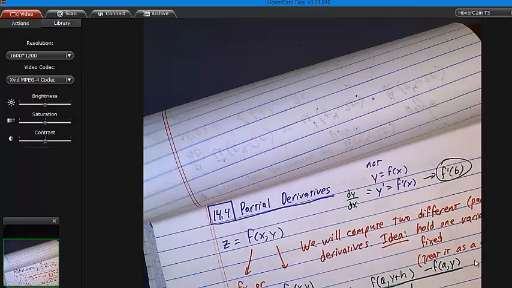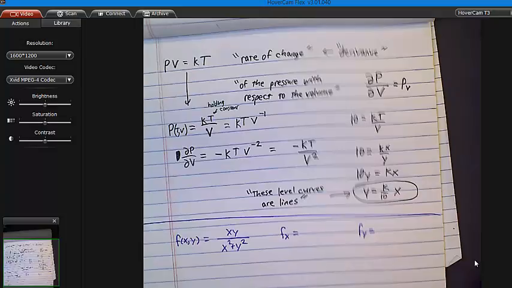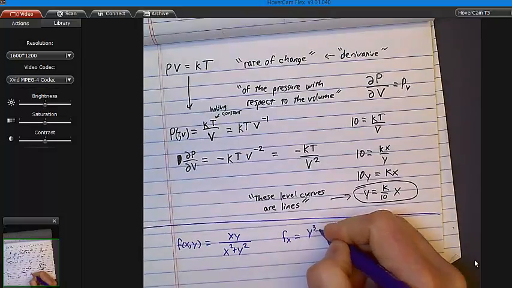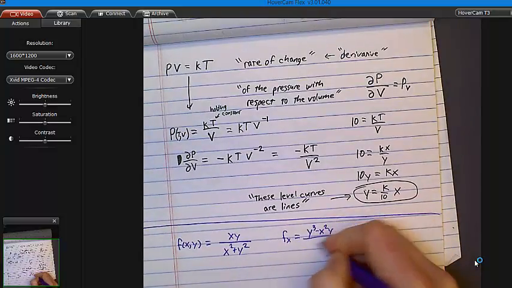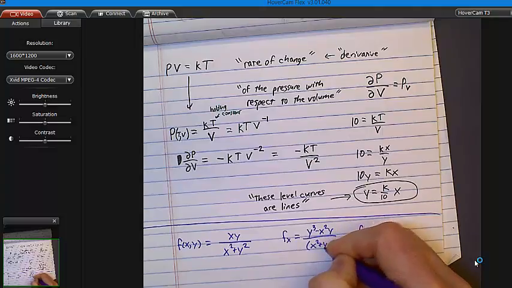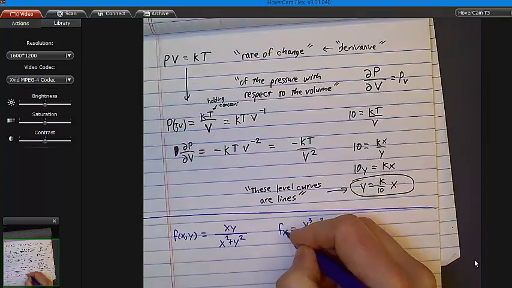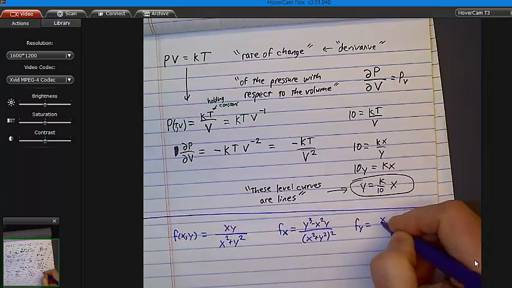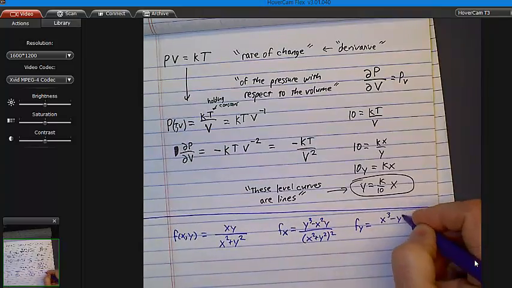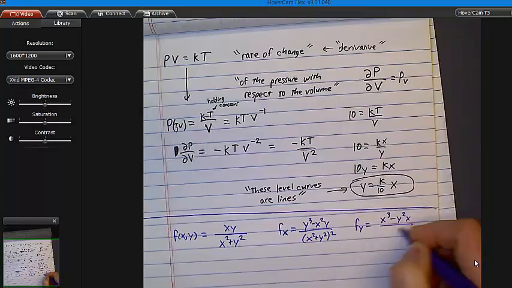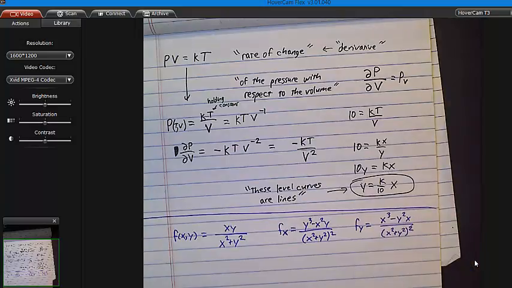You guys could help me. Oh, there it is. Y cubed minus x squared y over x squared plus y squared squared. Was that one? And then this one must have been x cubed minus y squared x over x squared plus y squared squared. Is that right? Yeah? Okay.